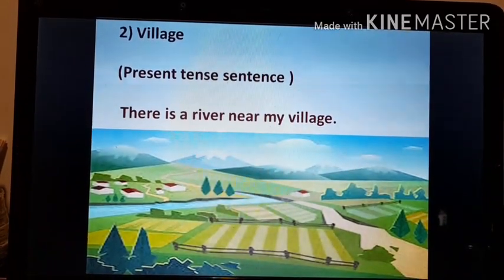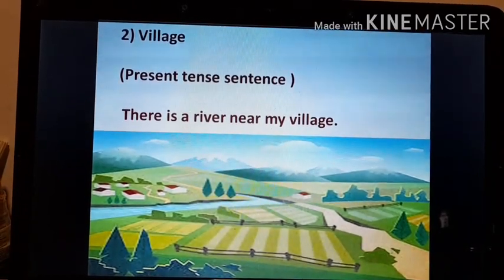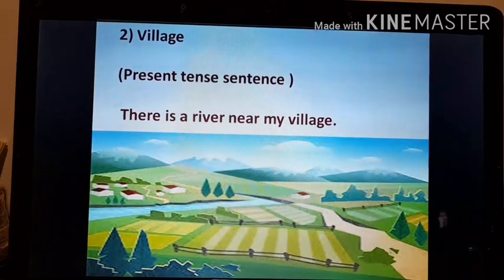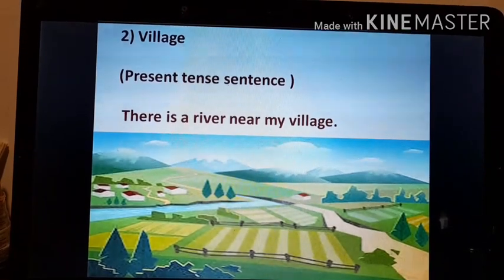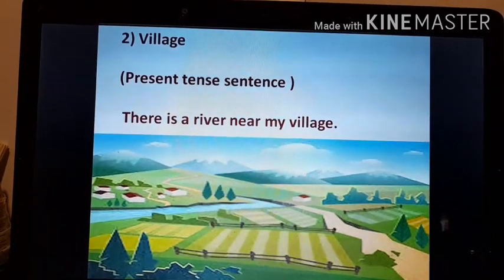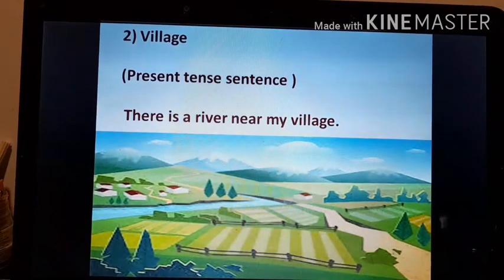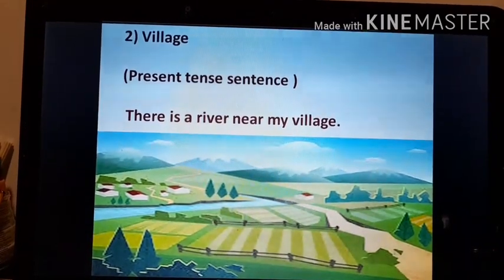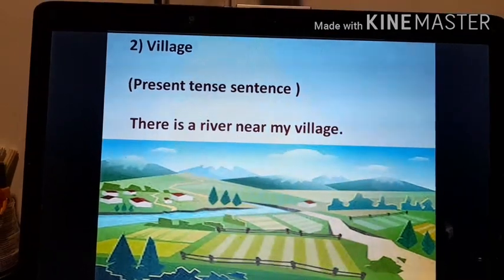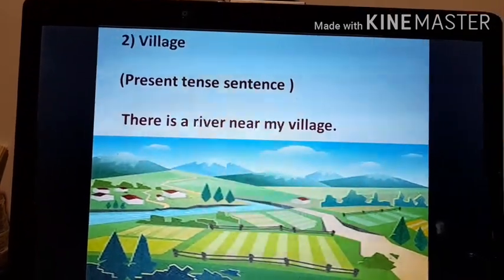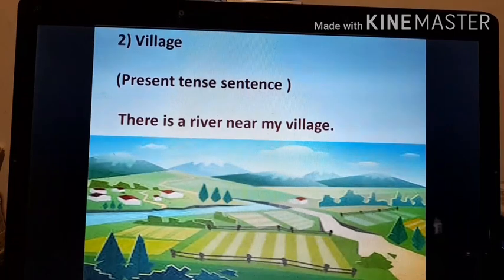You can see the picture also. A beautiful village is pictured, and there is a river flowing in between the village. So I can frame the sentence like, there is a river near my village. This is the present tense sentence as I am using is here.